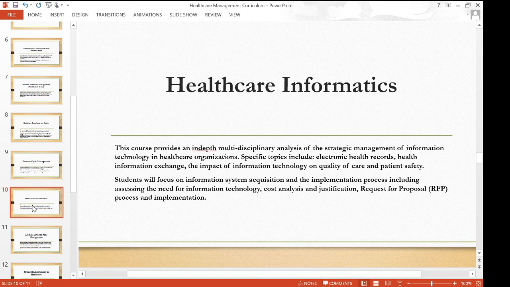Students will focus on information system acquisition and the implementation process, including assessing the need for information technology, cost analysis and justification, request for proposal process and implementations.